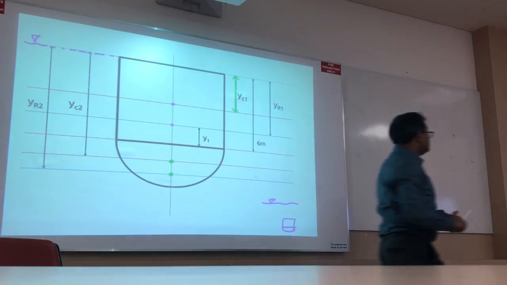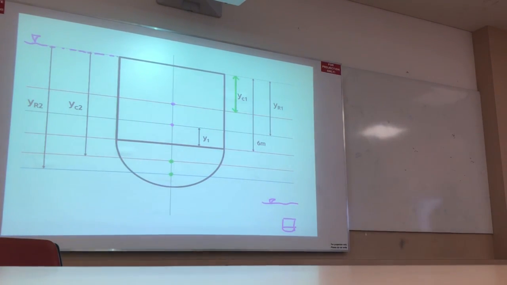Correct. Then I show you how I can get all the numbers. YC1 becomes 6 by 2, which is 3. So what is YR1?